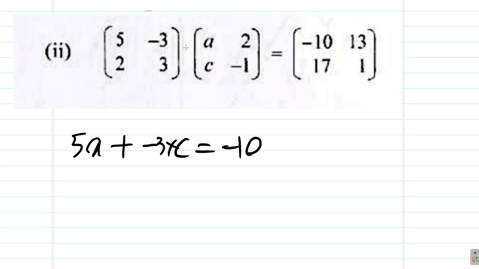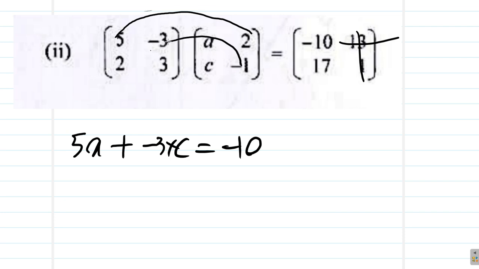Now, next thing, you don't have to do this part, but you know that the 13 should come from row 1, column 2. First in row 1 by first in column 2 plus second in row 1 by second in column 2.